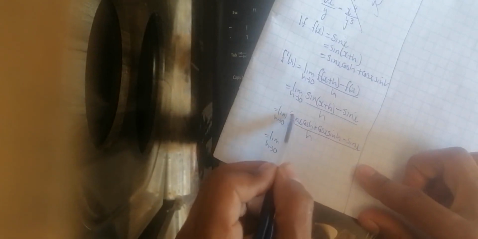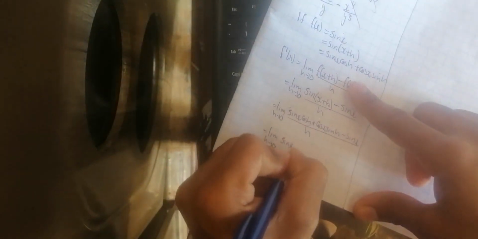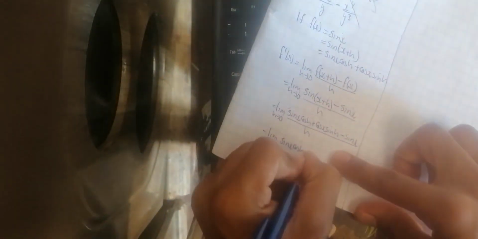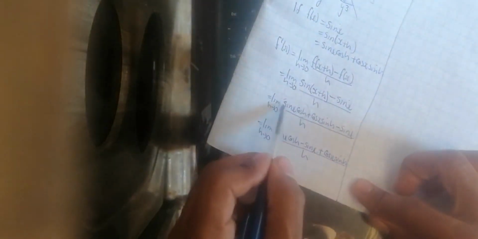Now I want you to check something here. I can group this with this so that I can take out a common factor. So sine x cos h minus sine x plus cos x sine h, all be divided by h. So what have I done here? I have grouped this with this. There it is, and I still have my cos x sine h.